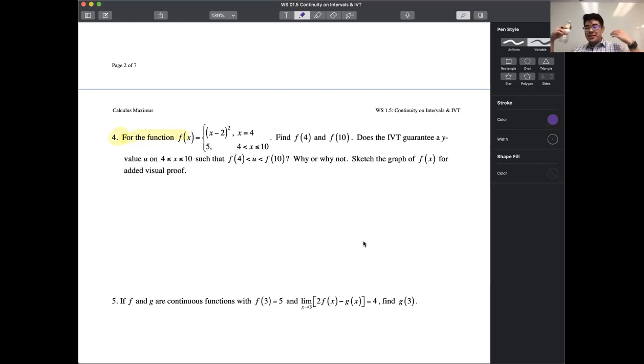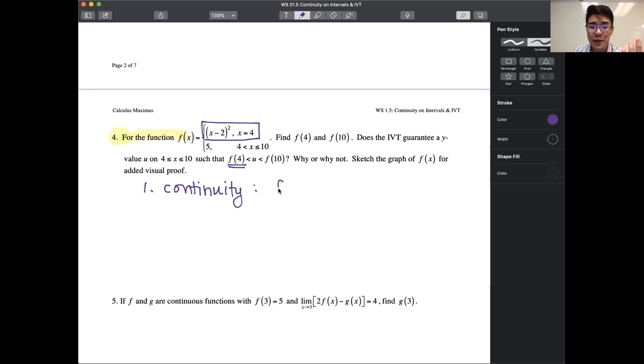This one is no. Remember that there's 2 conditional statements that you need to show for IVT. Number 1 is continuity. So let's check continuity first. If we want to do continuity, then we need to plug in 4. Where do we plug in 4? We plug in 4 into the top, right?